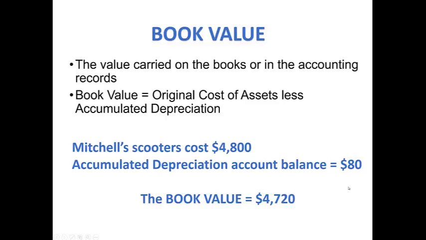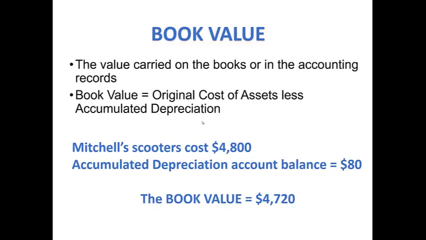One term that we need to be familiar with is book value. This is the value of the asset that's going to be carried on the accounting records. To calculate the book value, you will take the original cost of the asset and then subtract its accumulated depreciation.